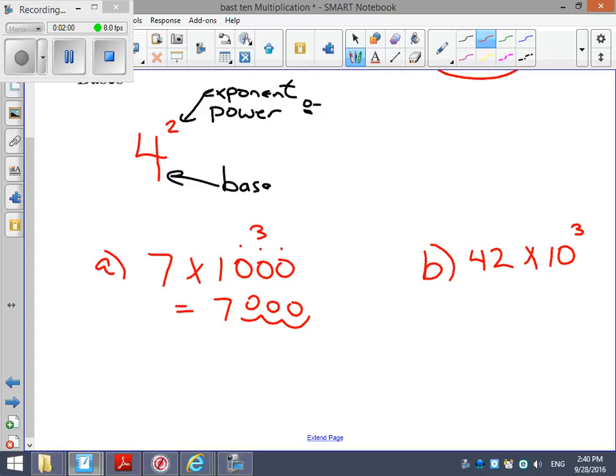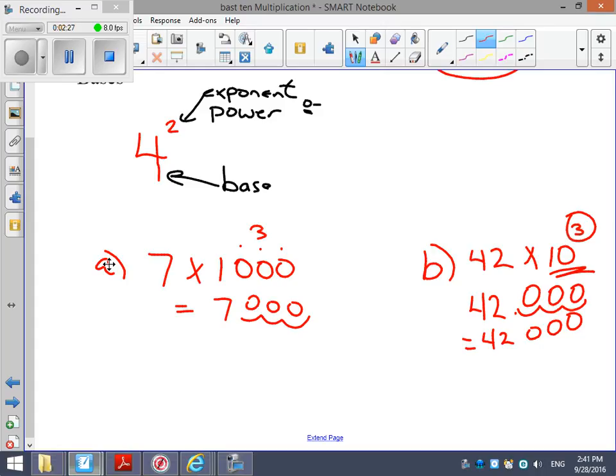We just know that this here is 1,000 because there are 3 zeros in it. And we will take our 42, our decimal was there, and we'll move it 3 places. We have to put our placeholders in, and our new number will be 42,000. All right? So very, very similar to the first, except this time we did it with an exponential number.